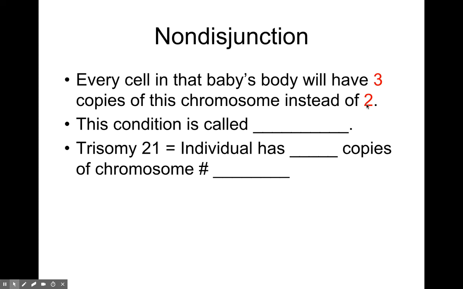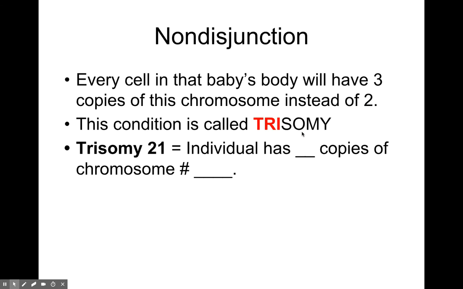It's only supposed to have 2. This condition is called trisomy. An example of trisomy that we see is trisomy 21. The individual has 3 copies of chromosome number 21, 3 chromosomes of number 21.